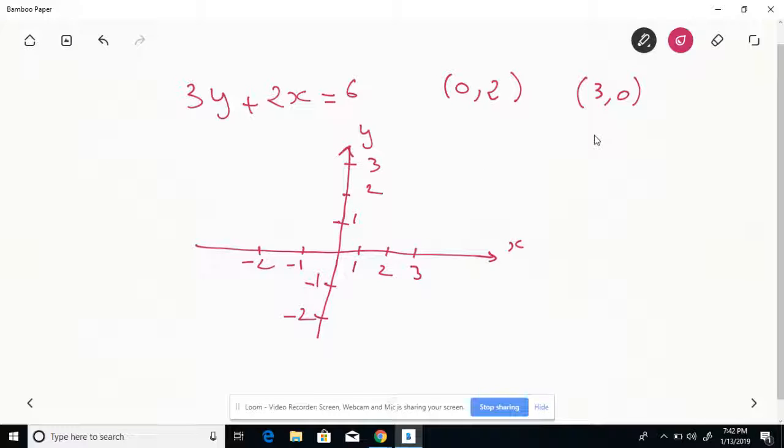For the x-intercept we have 3, 0, so y is 0 and x is 3. This is the x-intercept.